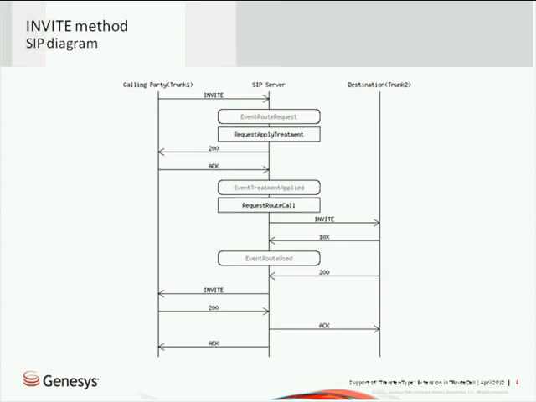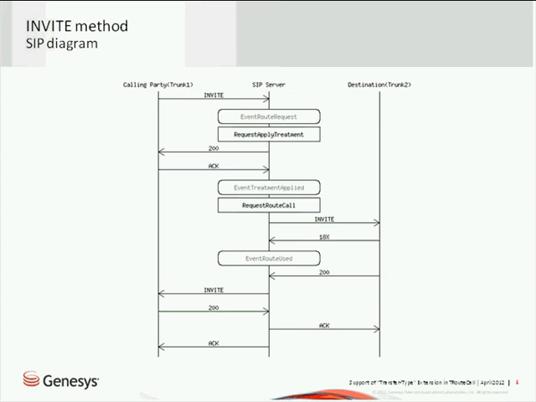So how will call routing using invite look? We have an inbound invite to SIP Server saying I'm calling some routing point. SIP Server will match this invite, actually using the Via header of that invite, to match it to some trunk DM. In our example, that's trunk 1.